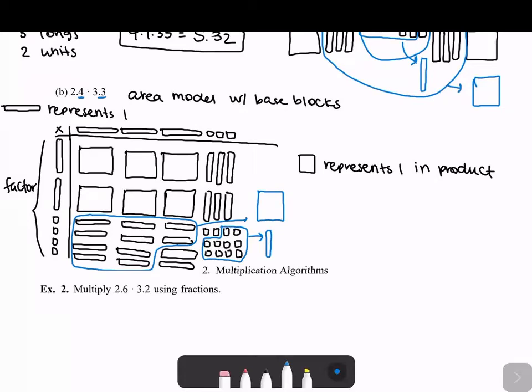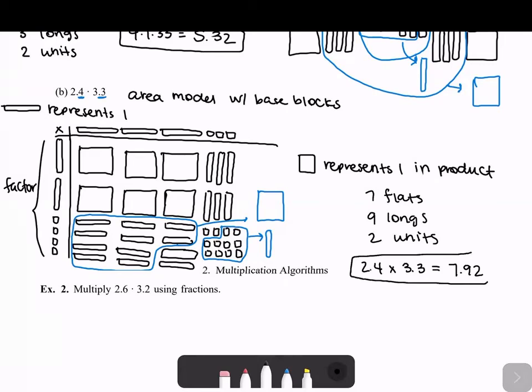And we have 7 flats, and we can't regroup those. So we are left with 7 flats, 9 longs, and 2 units. So that's what we're left with. So that tells us that 2.4 times 3.3 is 7.92. Remember that our flat represents 1 in this product.